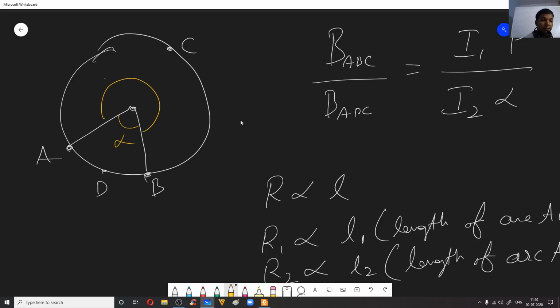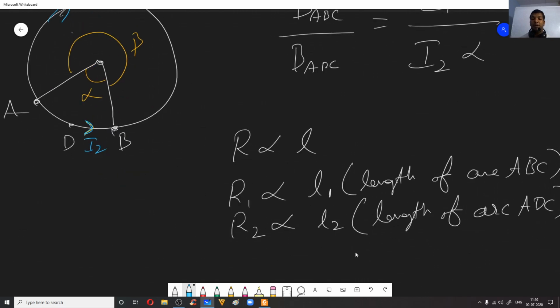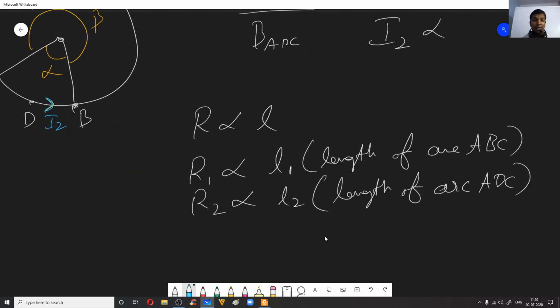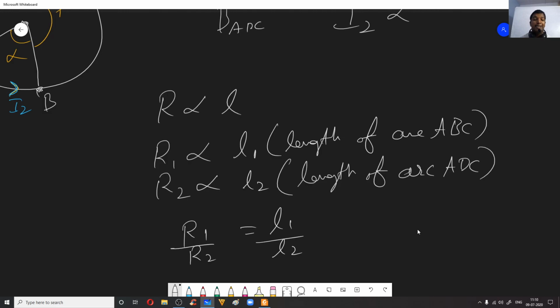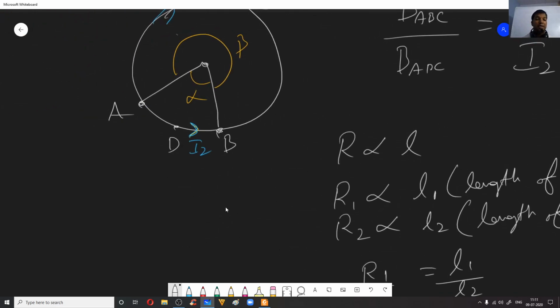The current going here is I2 and here is I1. So R1 divided by R2 is L1 divided by L2. Remember this.